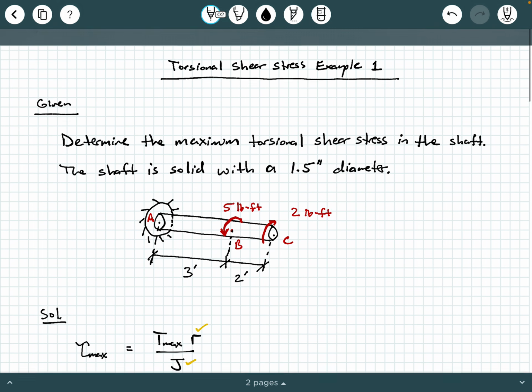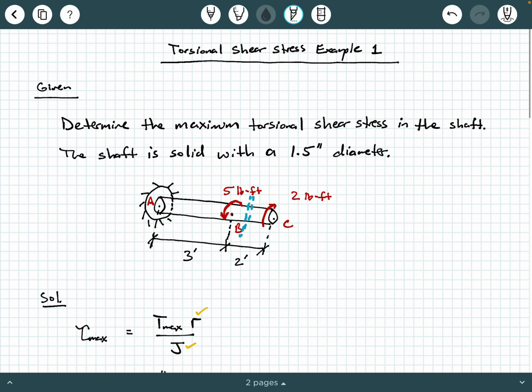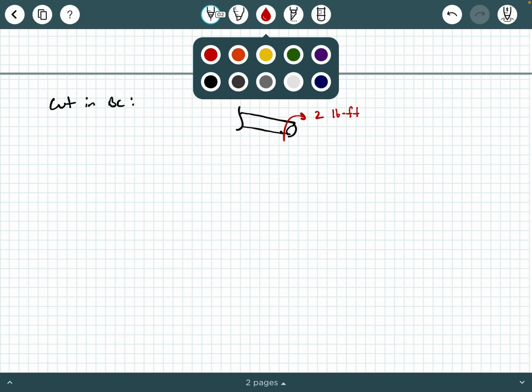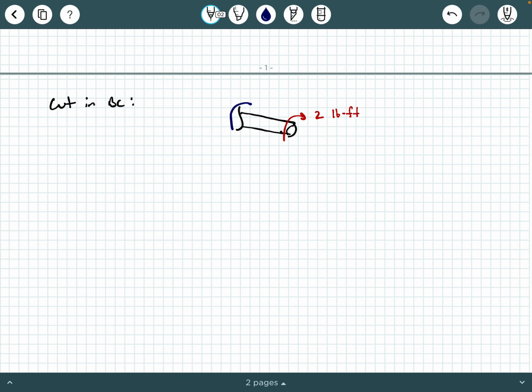So I've made a cut right through here, and I'm sketching everything to the right of that cut, including that applied torque moment of 2 pound-feet. And then what happens at the cut? Well, at the cut, you're going to expose your unknown internal load. I'm going to call this TBC, okay? And remember, this is an unknown internal load, which means that you don't even know its direction. So this is an assumed direction.